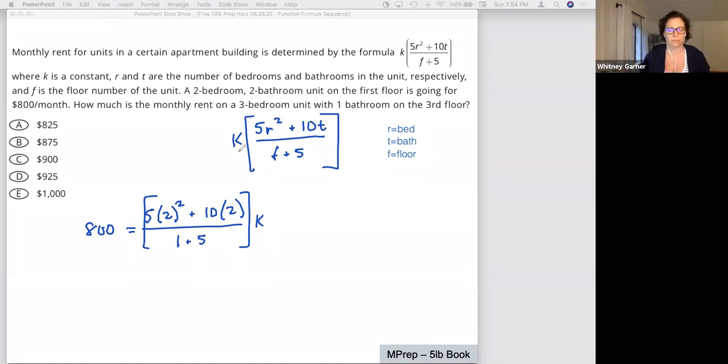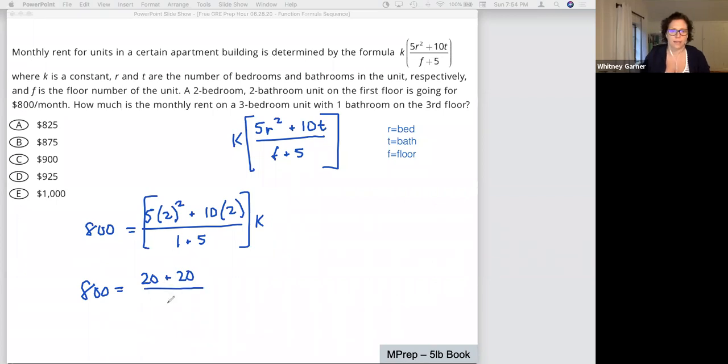Here's my K. I've got 800 equals, and then 2 squared is 4 times 5 is 20 plus 20. I may have done a little crazy math here. 4 and 5. I think I did it right.